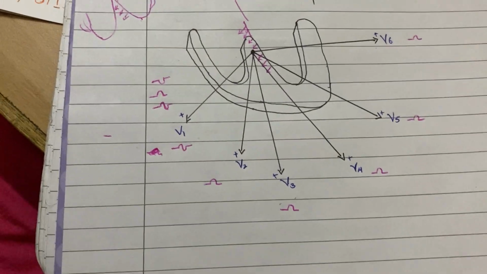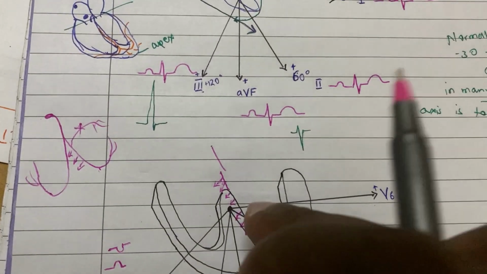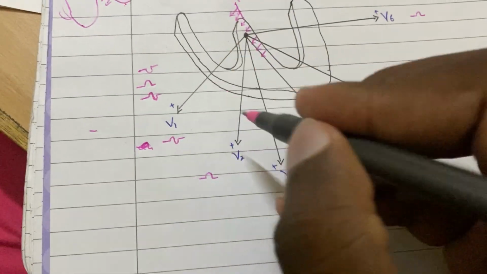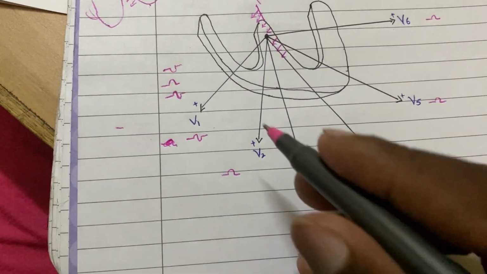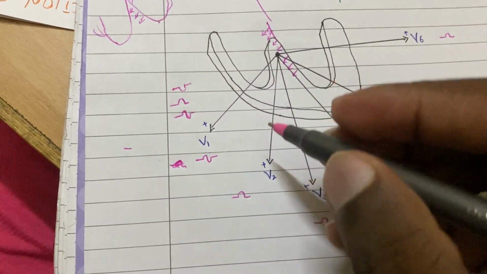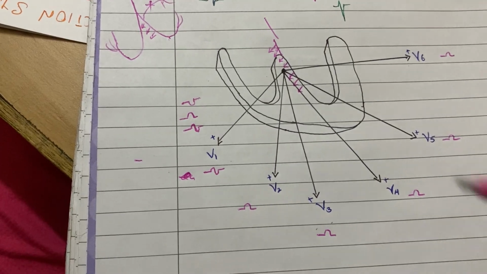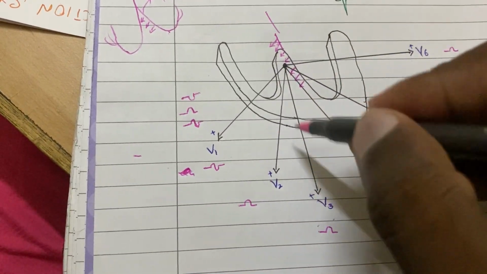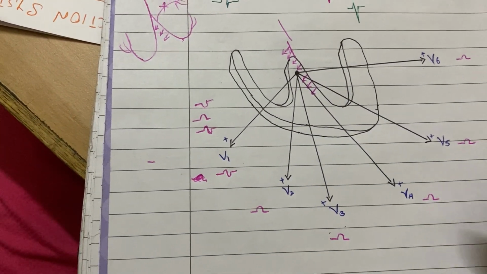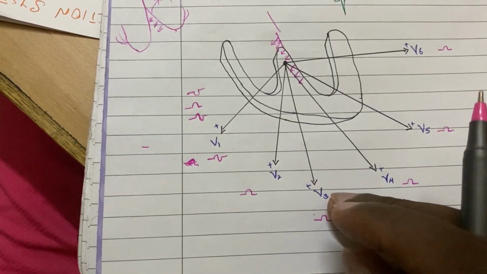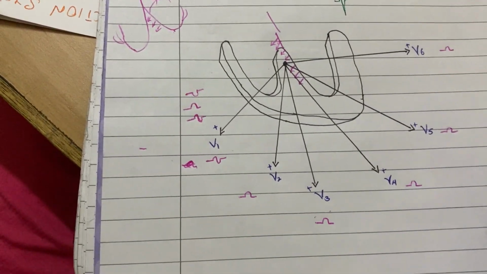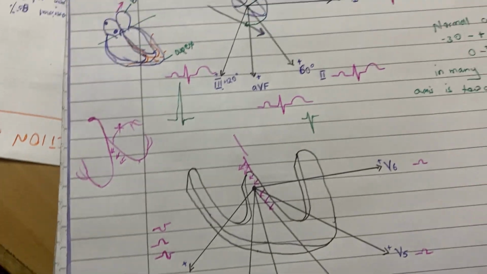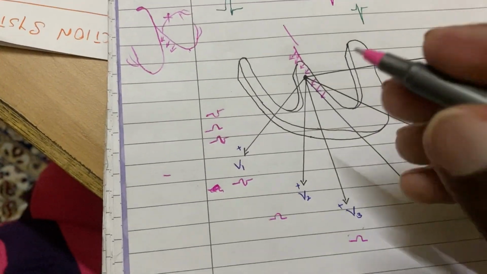So septal depolarization is moving towards the positive charges of leads V1, V2, probably V3, and then in V4, V5, V6 it may appear negative because it will be almost moving away.